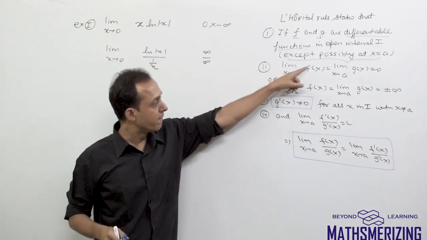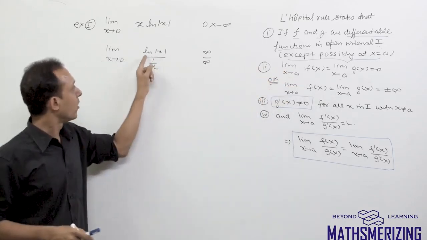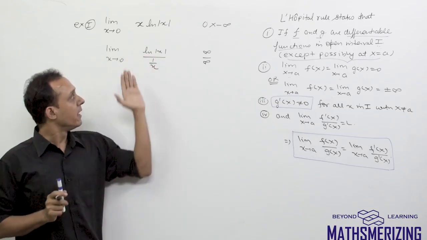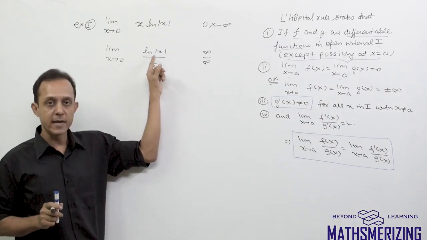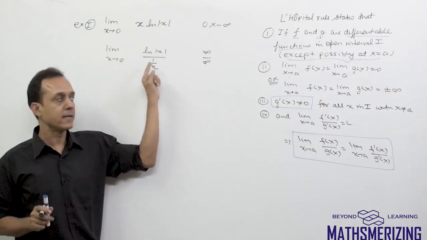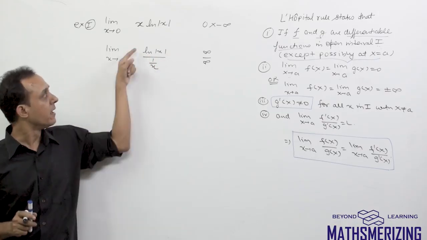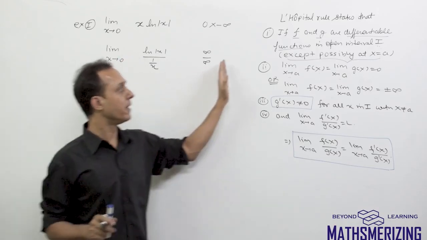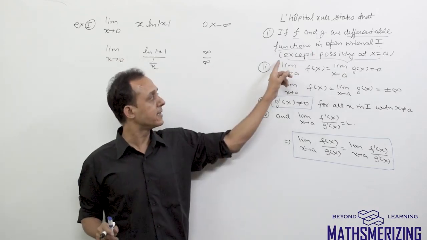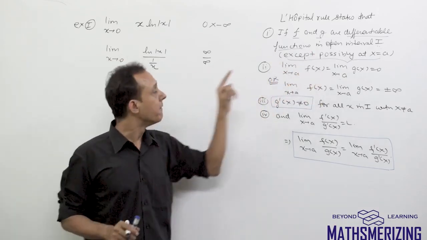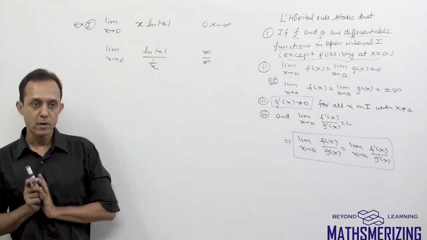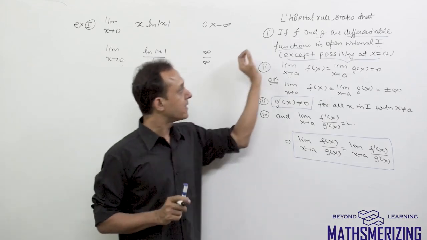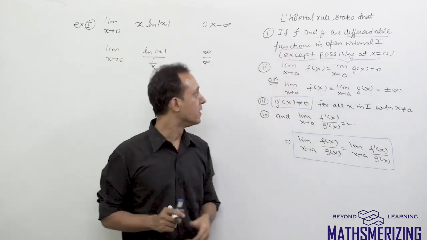Now log mod x is differentiable for all values of x except x equal to 0, and 1 upon x is again not differentiable at 0. So here f and g are differentiable in an open interval I except at x equal to a, for which we have to find this limit. So we can apply L'Hopital's rule at a point where f(x) and g(x) may not be differentiable.